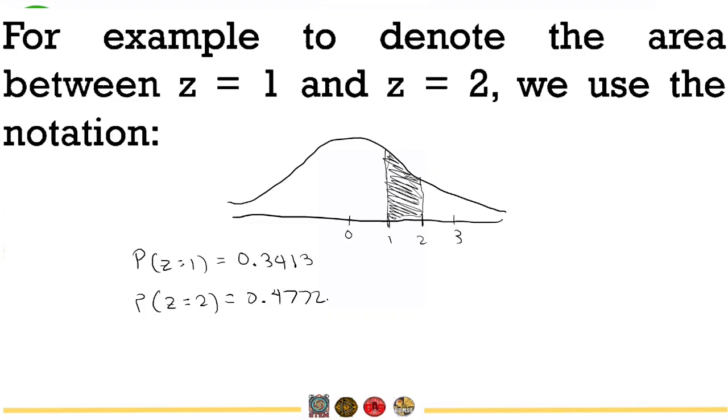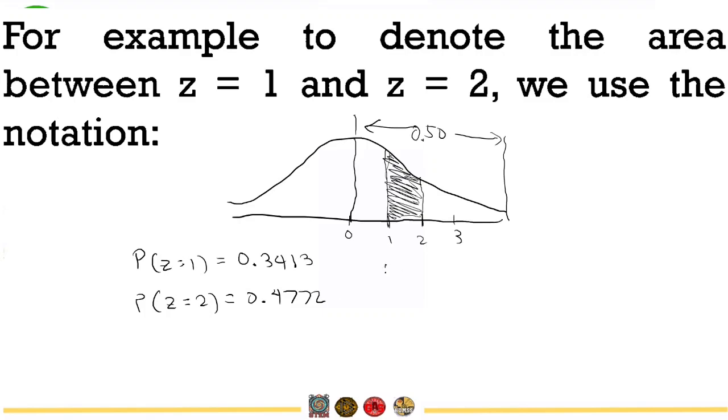Based on our illustration, we know that half of the normal curve is 50%, or 0.5 in decimal. So if we have two areas, 0.3413 and 0.4772, what is the most logical way to identify the shaded part?